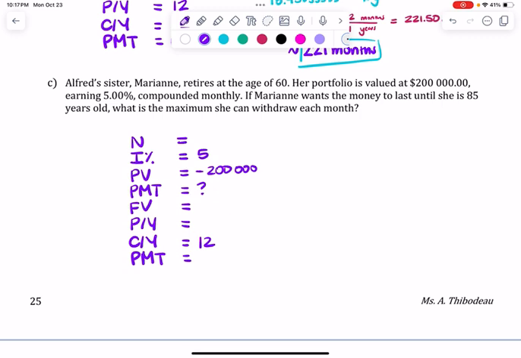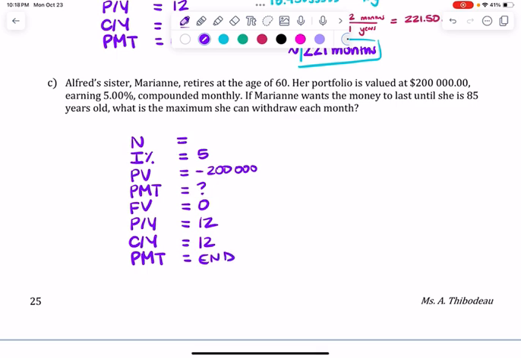She wants to withdraw whatever amount she can each month, so I know PY is 12. She's going to keep on withdrawing money until she runs out, because this is her retirement savings plan. The whole idea is that you have money to withdraw until you don't need that money anymore, or until you run out.